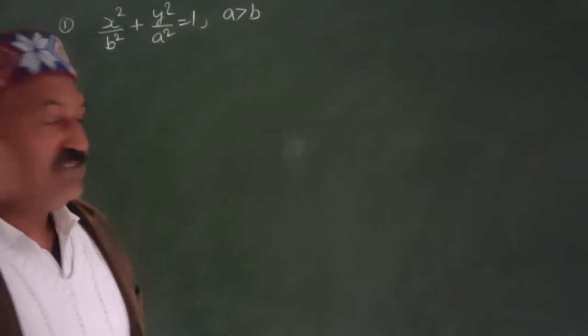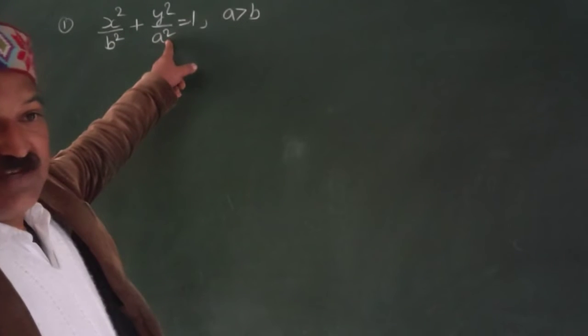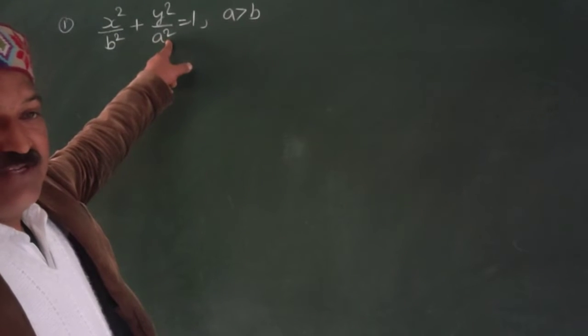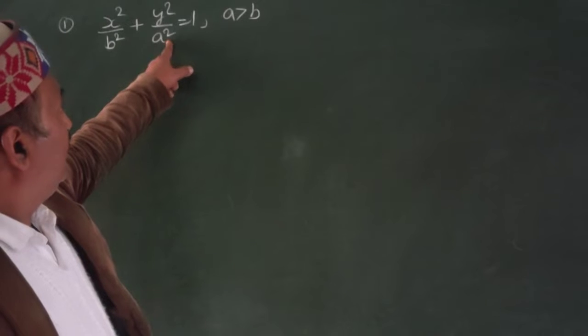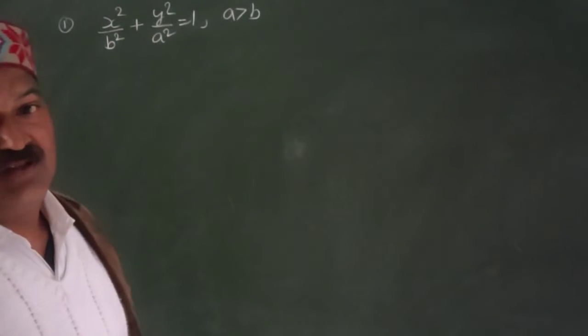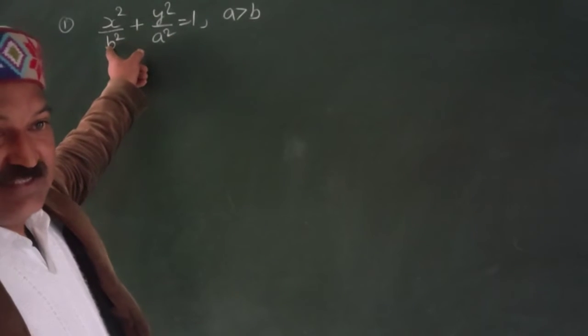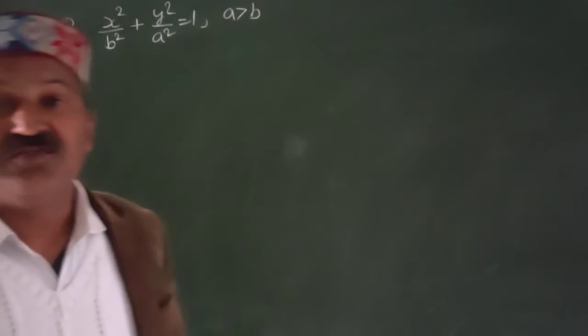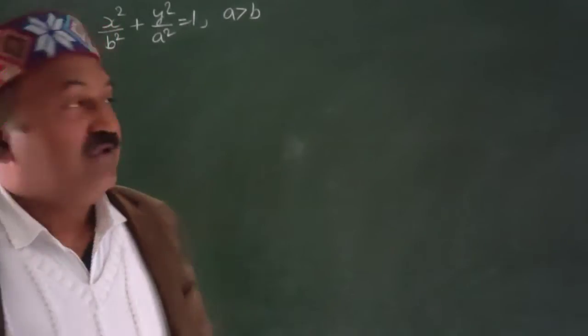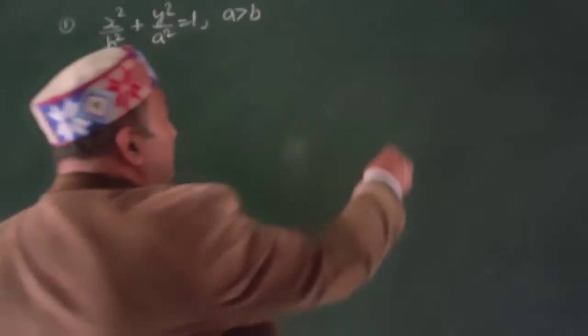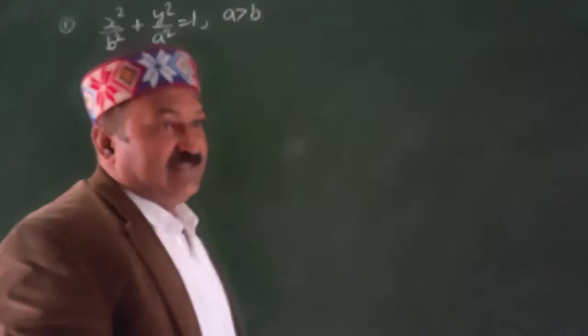So in this case the greatest term lies at the denominator of y square. a square is greater than b square. यदि यहाँ पे टर्म्स यदि ग्रेटर देन हो b square से, इससे तो हम कहेंगे ये सेकंड स्टैंडर्ड फॉर्म ऑफ द इलिप्स है.